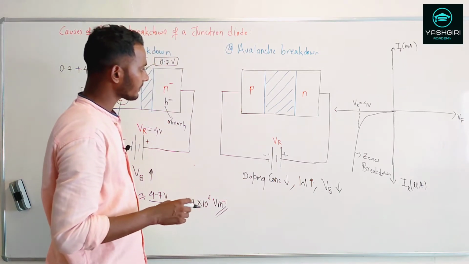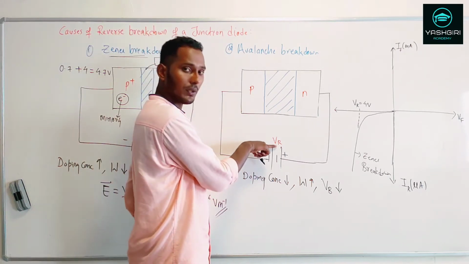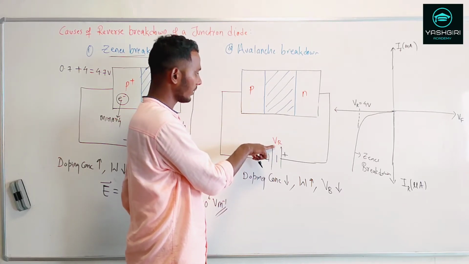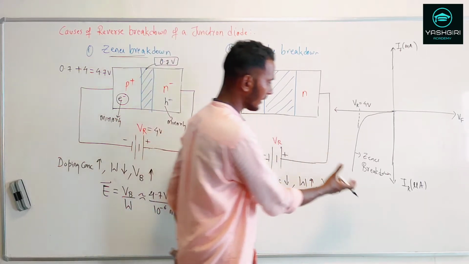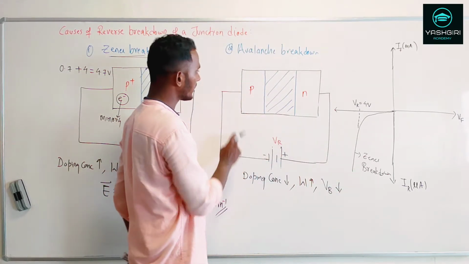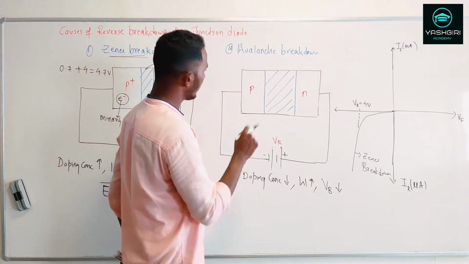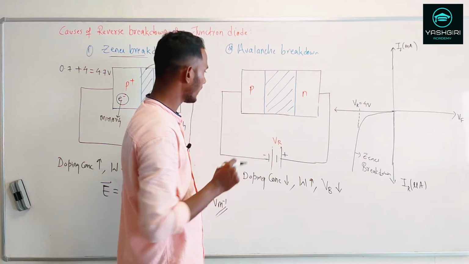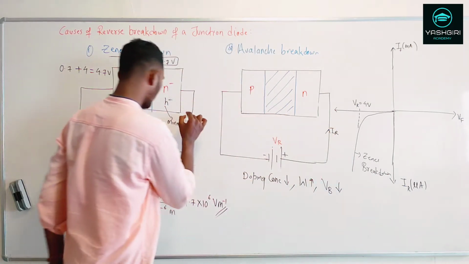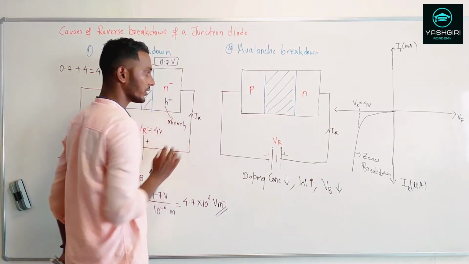So when you give some reverse voltage, it will start giving us the reverse saturation current in this circuit. So here this will be IR, here also it's IR, the reverse saturation current.